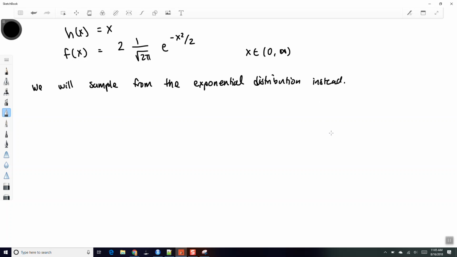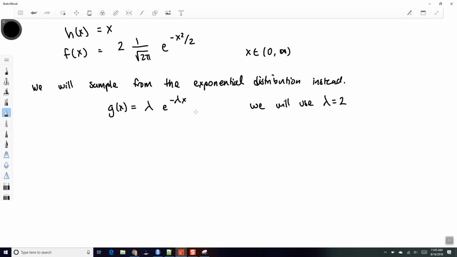All right, and in this case, the exponential is, so we'll say g of x will be lambda e to the negative lambda x. And just to kind of get our terms to work a little bit better, we'll use lambda equal to 2.